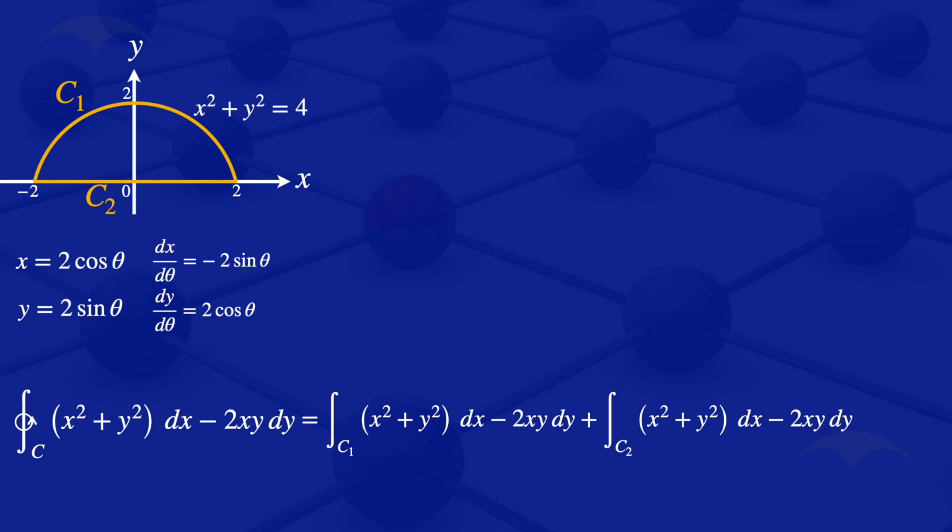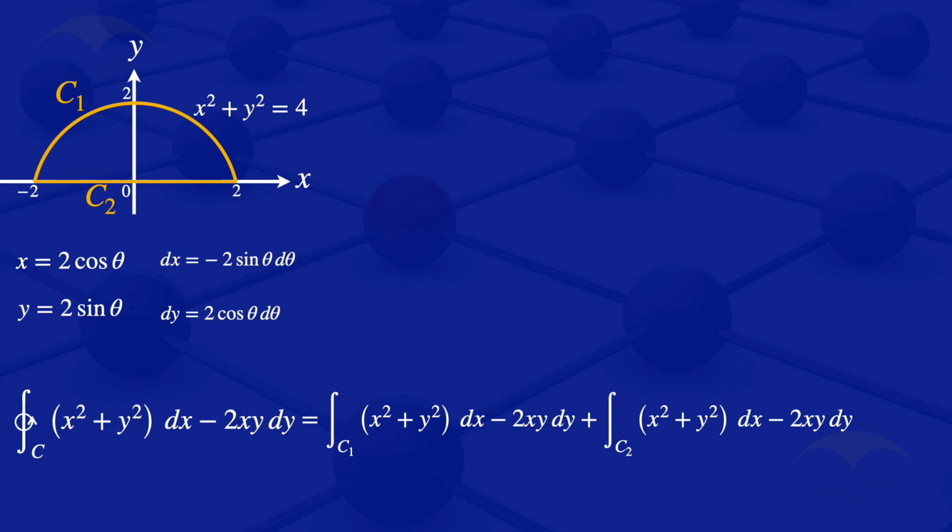From those derivatives we can find dx and dy in terms of theta and d theta. So dx is minus 2 sine theta d theta, and dy is equal to 2 cosine theta d theta.